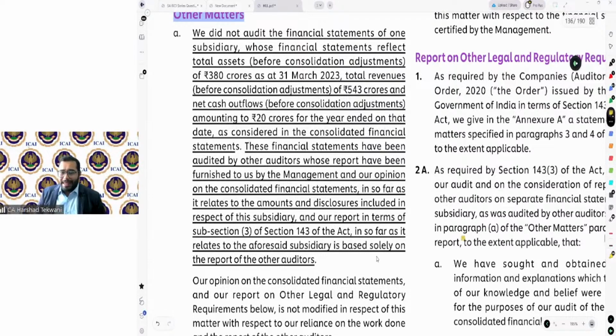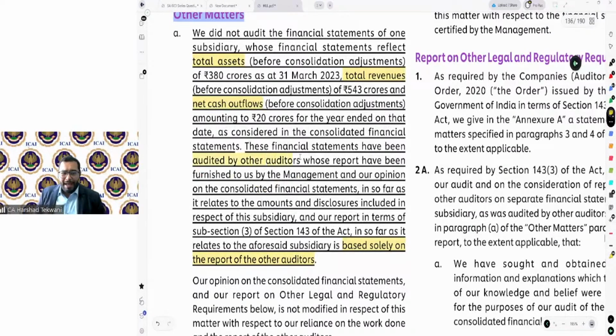So this says that it's based solely on the report of other auditors. After identifying the total asset, total revenue, net cash flow, they specified that the report was furnished by the management.